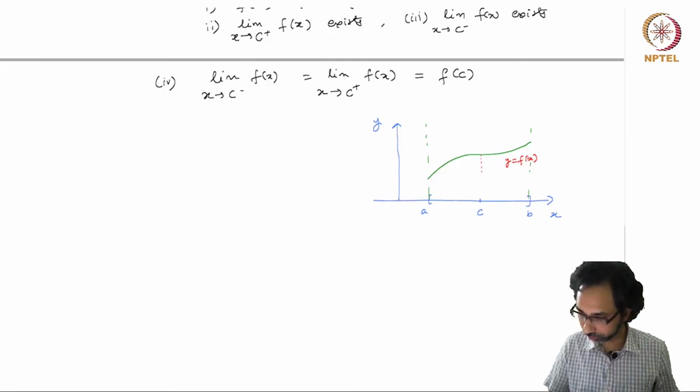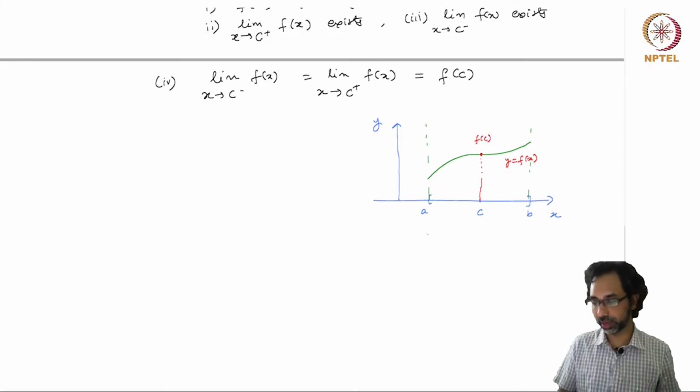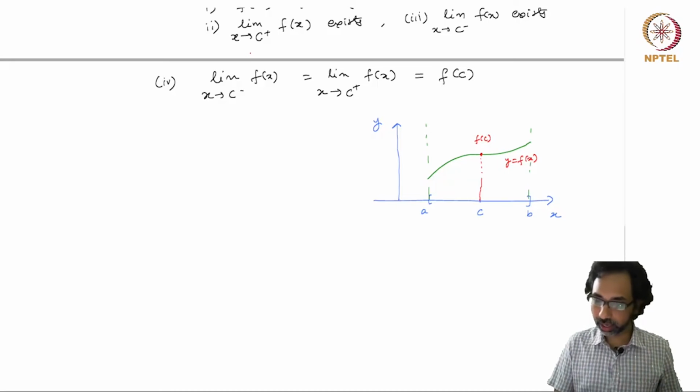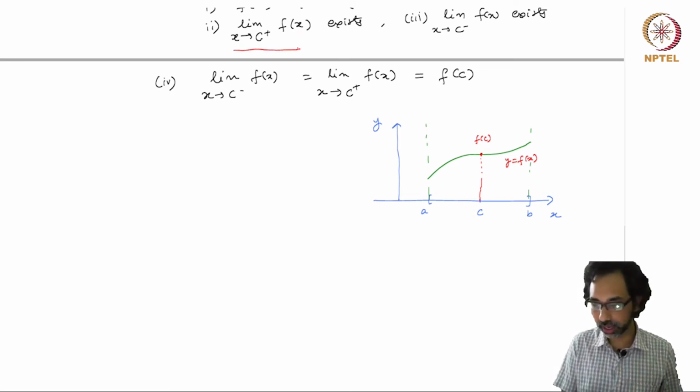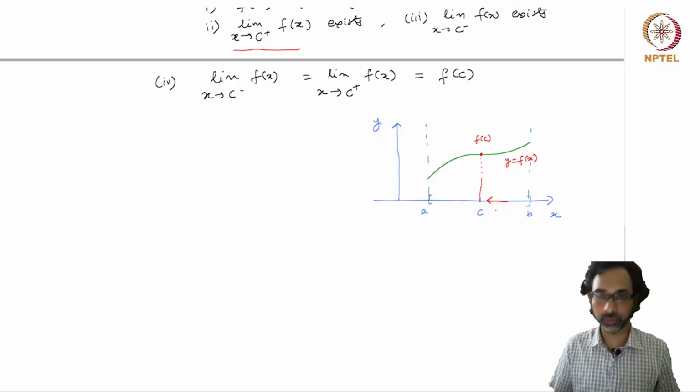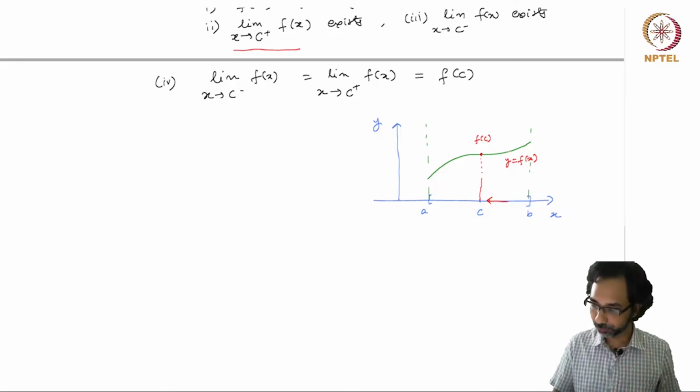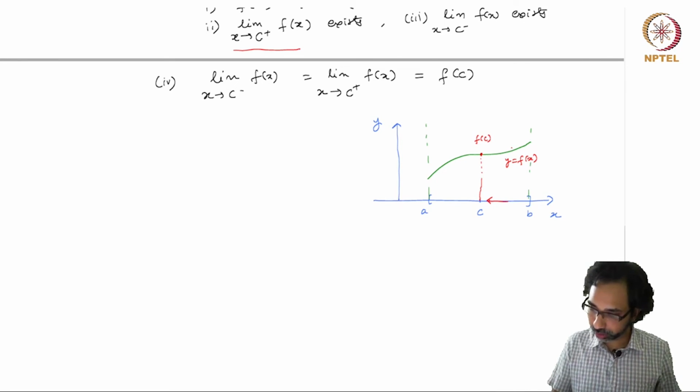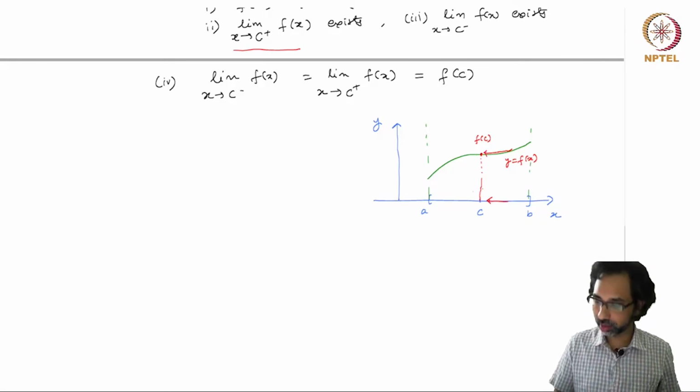Now at c we have this value f(c). The second condition says that the limit as x tends to c plus of f(x) exists, which means that when you approach c from the right hand side, from values greater than c, the corresponding limit as you traverse this graph of f(x) also exists.